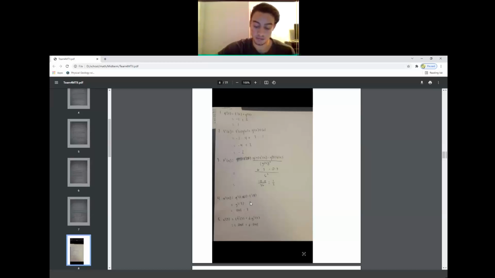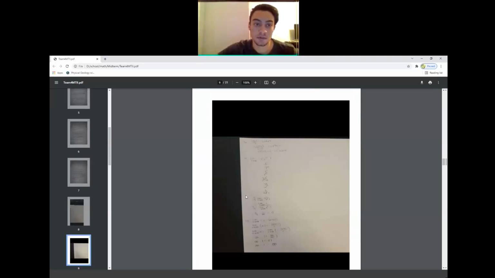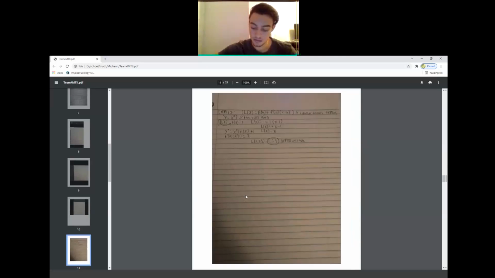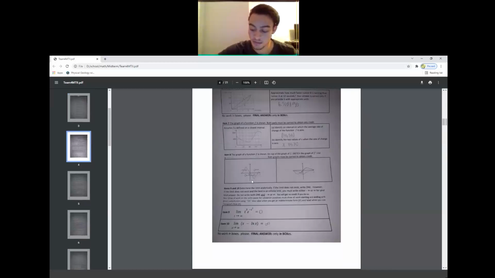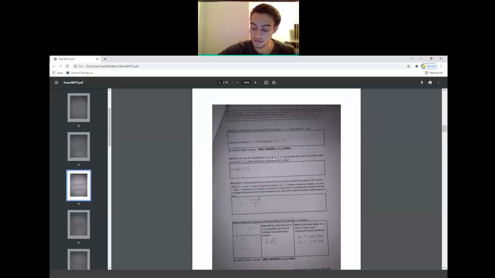All right, number 12, our next problem, asks us to find the linearization of the equation y equals x to the x power, to estimate the nonlinear function value around the point (1, 1). We're estimating for the x value of 1.25.